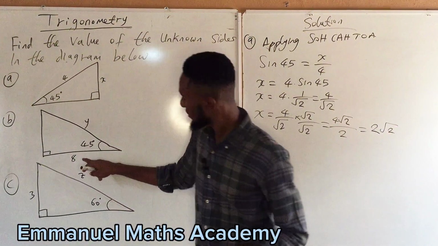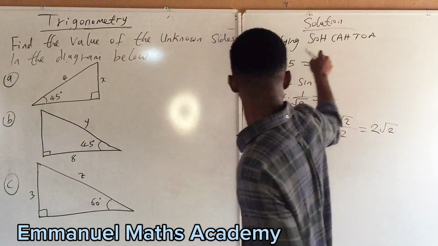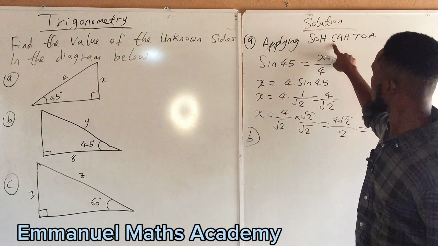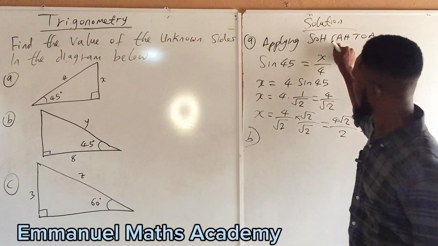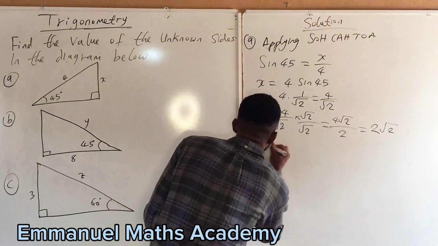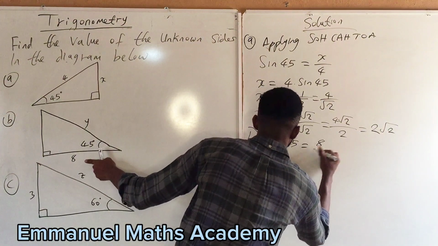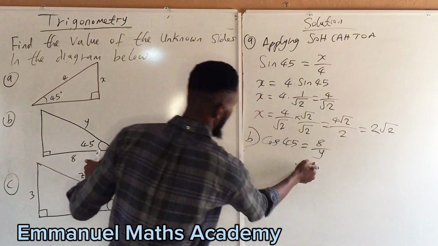Where is the unknown? You're looking for y. If you're looking for y here, our cos is equal to adjacent, which is 8, over hypotenuse. That means cos 45 is equal to adjacent over hypotenuse, which is our y.